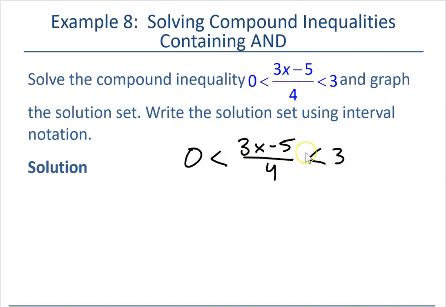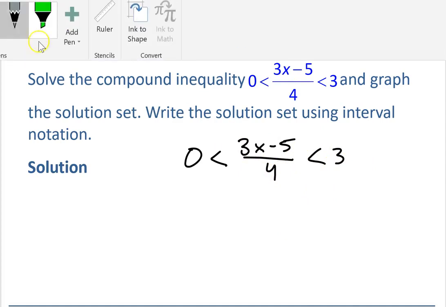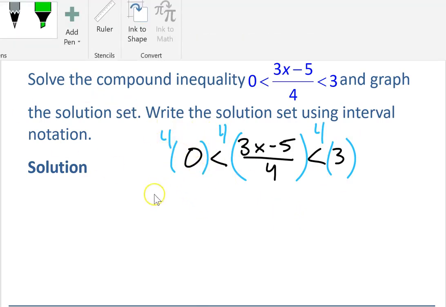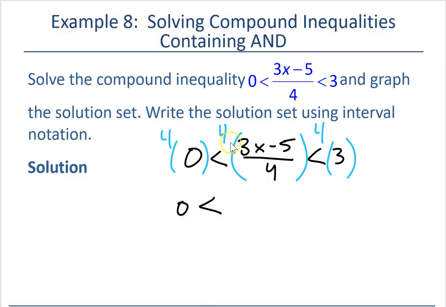What we're going to do here is multiply everything by 4, both sides, 4, 4, and 4. Notice what's going to happen here. 4 times 0 is still just going to be 0. Keep this, and then notice here, the 4s will cancel, leaving us with 3x minus 5, and here we're going to be with a 12.